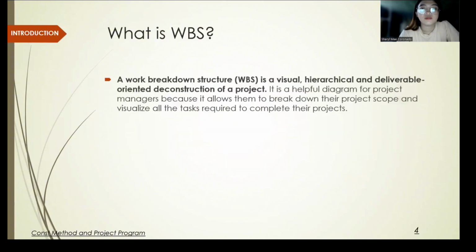So what is WBS? A work breakdown structure or WBS is a visual, hierarchical, and deliverable-oriented deconstruction of a project. It is a helpful diagram for project managers because it allows them to break down their project scope and visualize all the tasks required to complete their project.